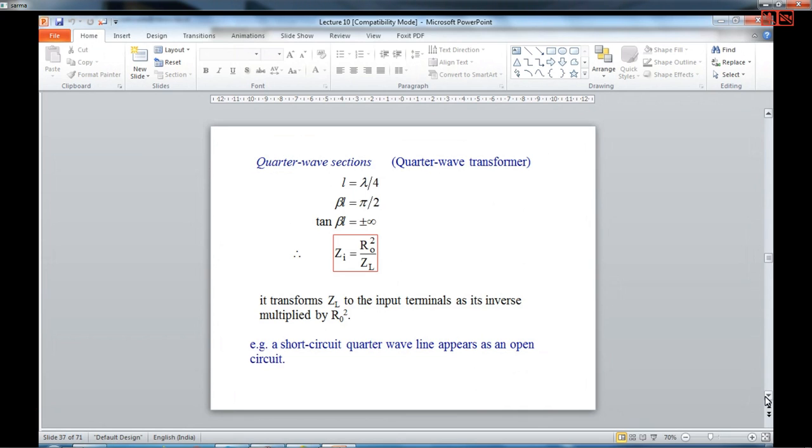insulators do exist. So a quarter wave line is generally used to match a specific impedance to another impedance transmission line, because the characteristic impedance of that quarter wave line should be the geometric mean between the load impedance value and the impedance to which you want to match. So input impedance here is equal to R0 square by ZL, right? ZL is the load impedance, R0 is your characteristic impedance of the line which you have to choose.